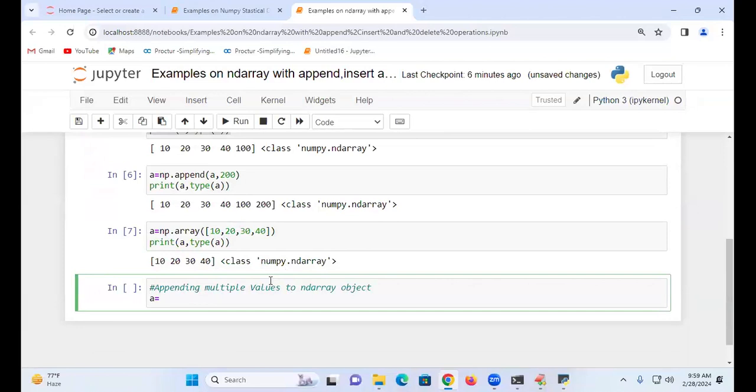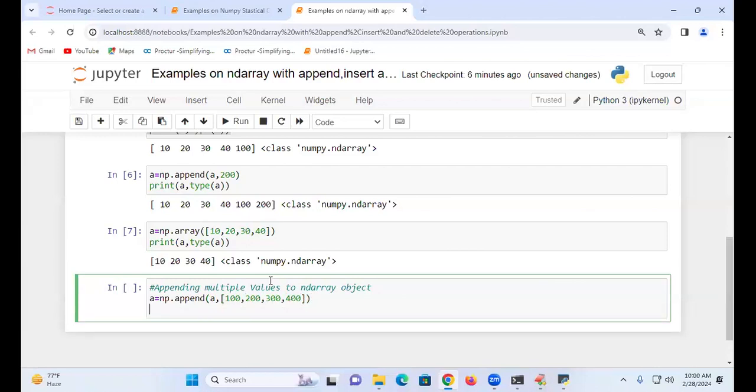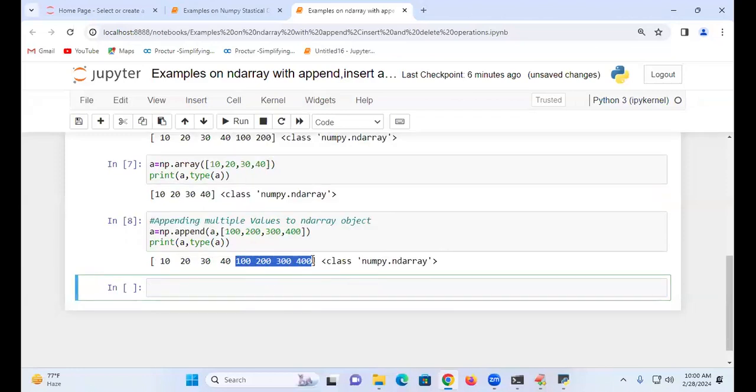A is equal to np.append of A comma, and you specify the values in the form of a list, or in the form of a tuple, not a problem. 100 comma 200 comma 300 comma 400, no problem. Understand? So try to print A comma type of A. You see, students, is it added or not?